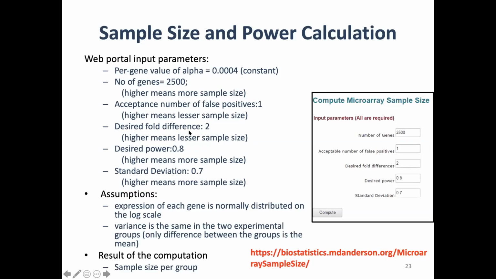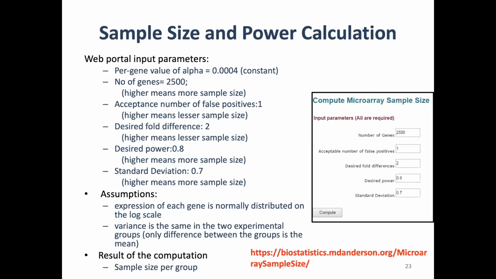This is just the same thing I've gone through. You can study by yourself by playing with this web portal. The assumptions are that each gene in each condition is normally distributed on a log scale, and the variance between the two conditions is the same.